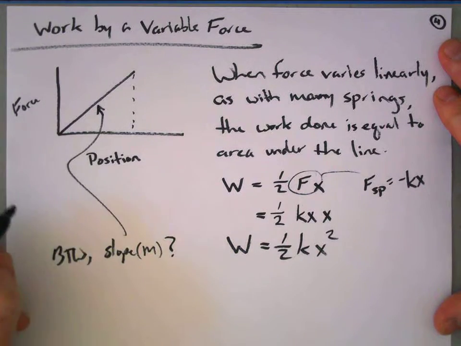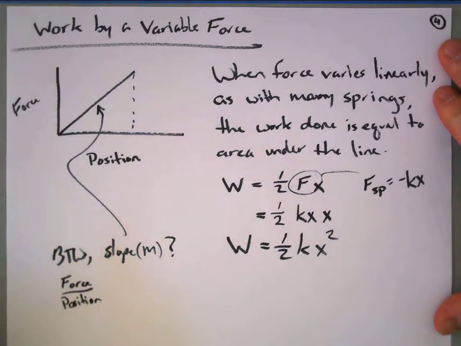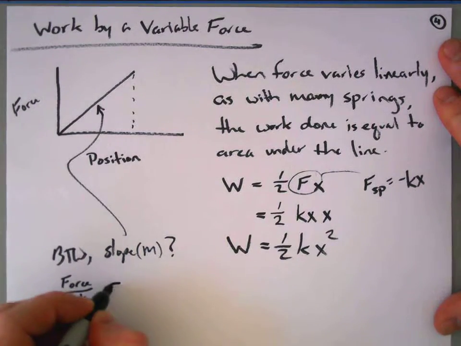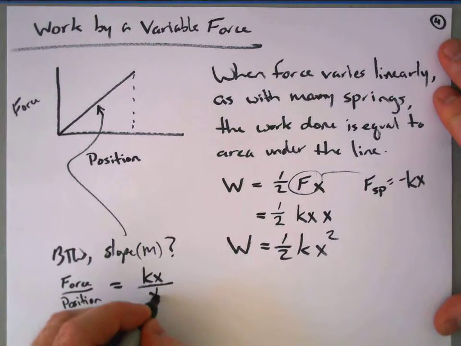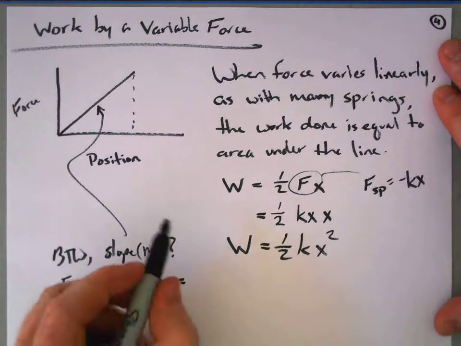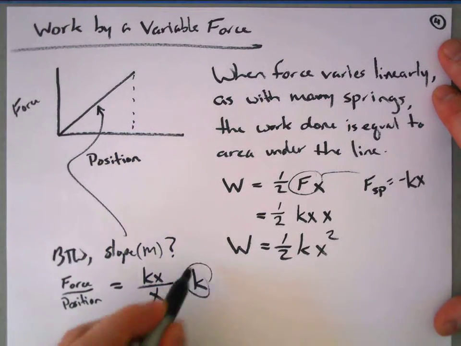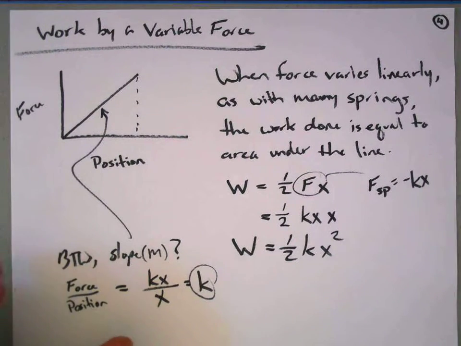Well, slope is rise over run, so we're going to have force divided by position. Well, that force is equivalent to the spring force, which is equivalent to kx. And our position is just x. And we notice those cancel out. So the slope of this line gives us the spring constant. Nice little relationship there.